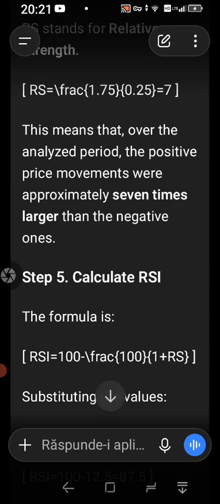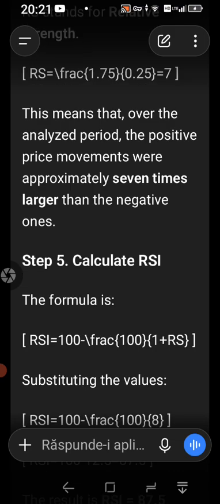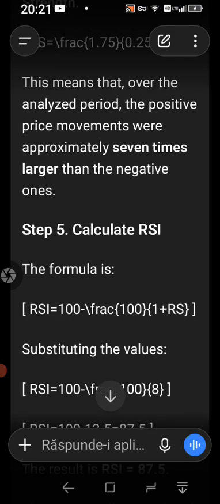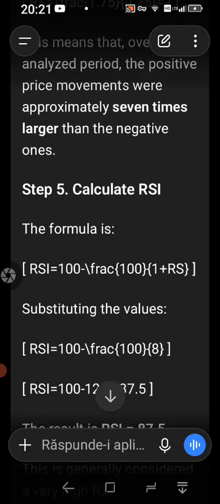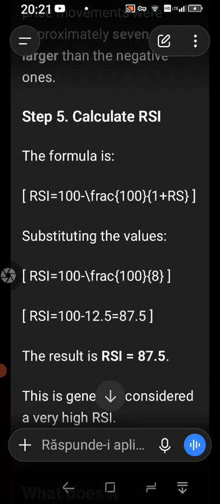This means that over the analyzed period, the positive price movements were approximately 7 times larger than the negative ones, which immediately means that we are oversold.